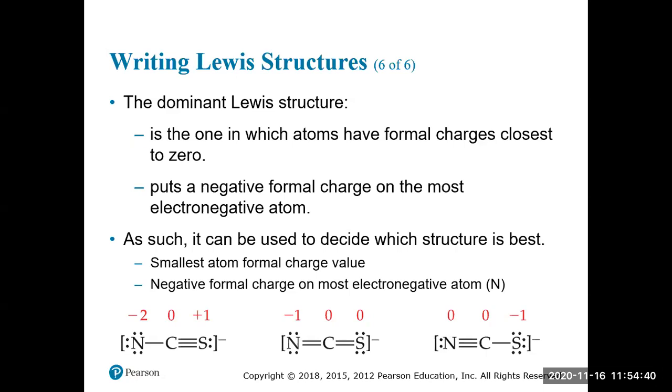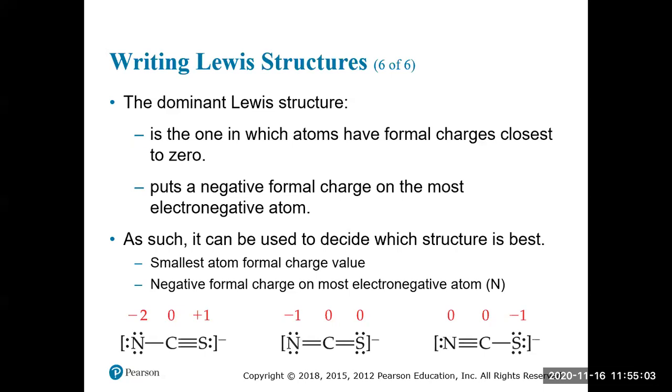The other two options have zeros on 2 of the atoms, and then -1 on the third atom. So in terms of which one has atoms with the formal charges closest to 0, there's really no difference between the middle and right-hand options.